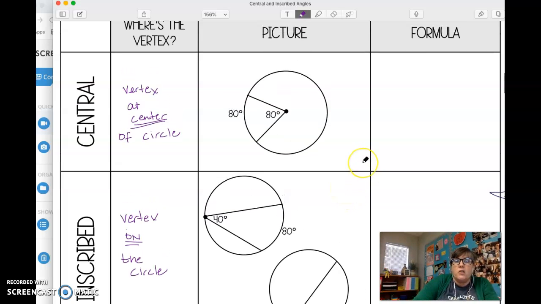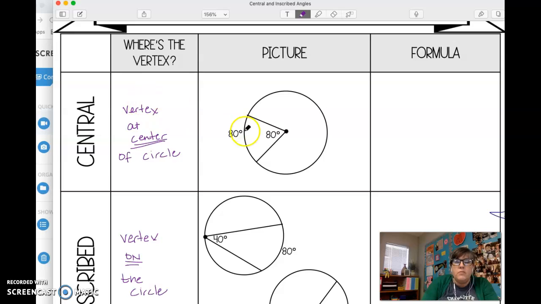So if you look at our central angle, the measure of our central angle is in degrees. So 80 degrees at the center of the circle, and then this is our arc measure. Arc measure is the measure of this curved part of the circle that is cut by the sides of the angle.